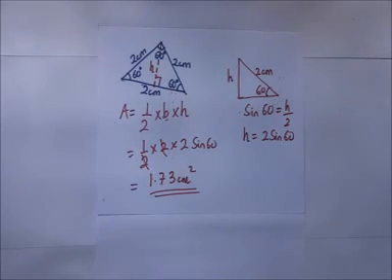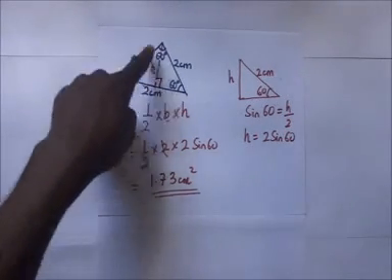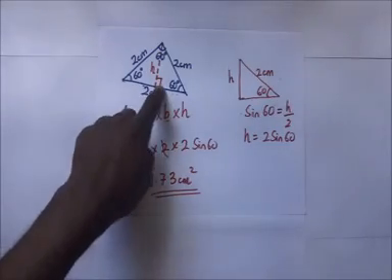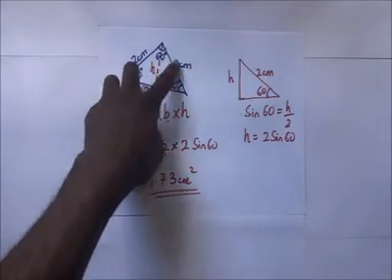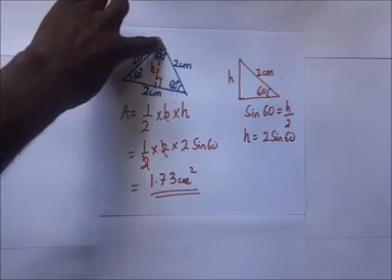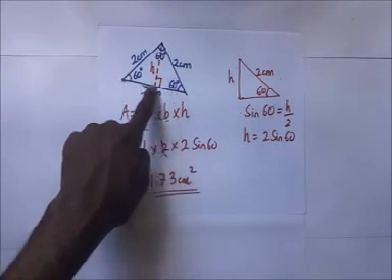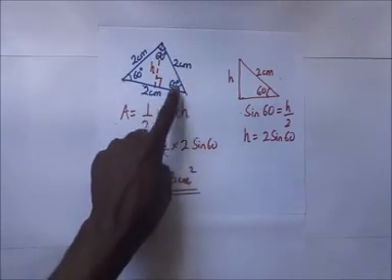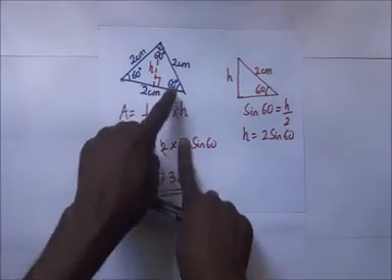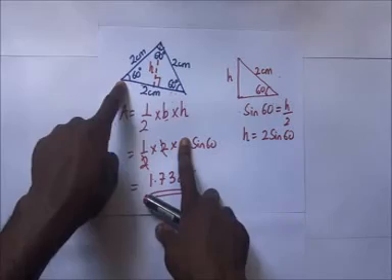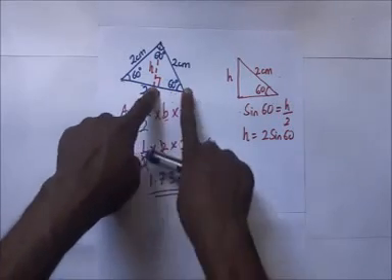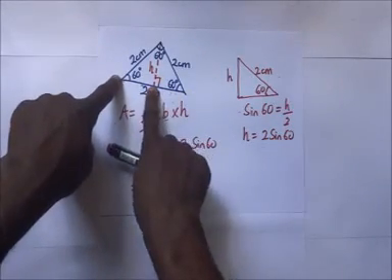Now there is another way we can get this height as far as this is concerned. This being an equilateral triangle, all its sides are equal. It means that this perpendicular height we are dropping from this point to here is going to divide this base into 2. So if the distance from here to here is 2 centimeters, then from here to here is 1 centimeter. This is also just 1 centimeter.